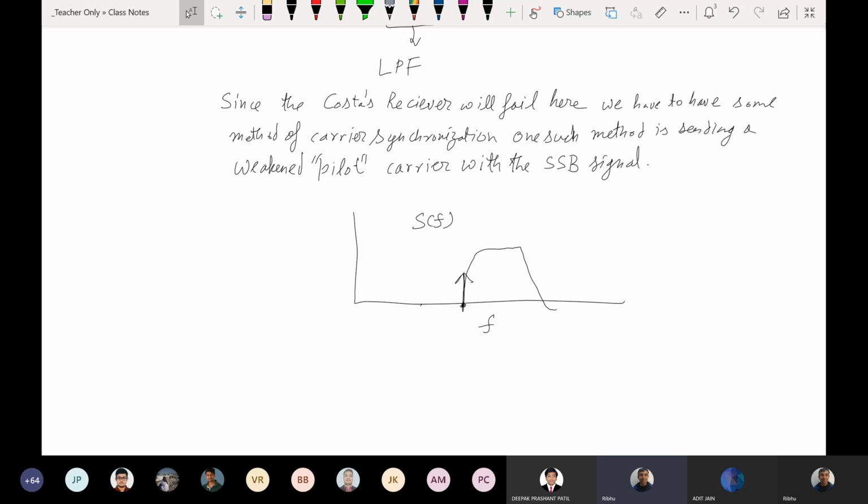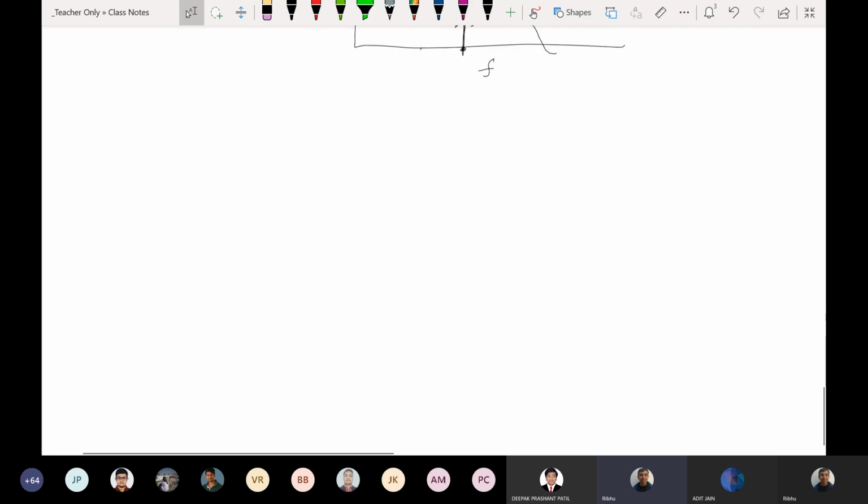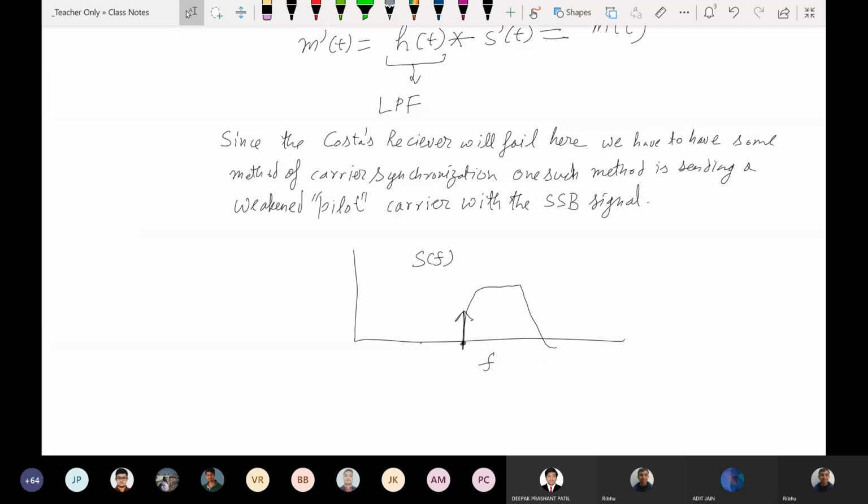And now the question is, is there any other way of generating single sideband except this? Anyone?